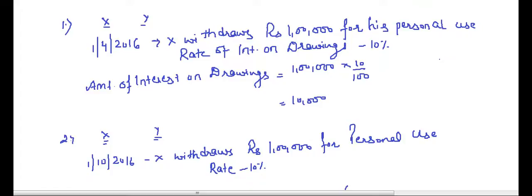In the second case, X is withdrawing money on 1st of October, so that means he is using this money for only 6 months. Clear? So we cannot charge interest for the whole year because he is using money only for 6 months. So we will charge interest on drawings only for 6 months.